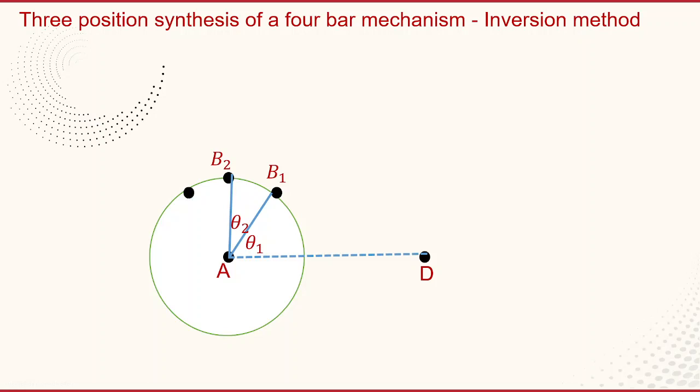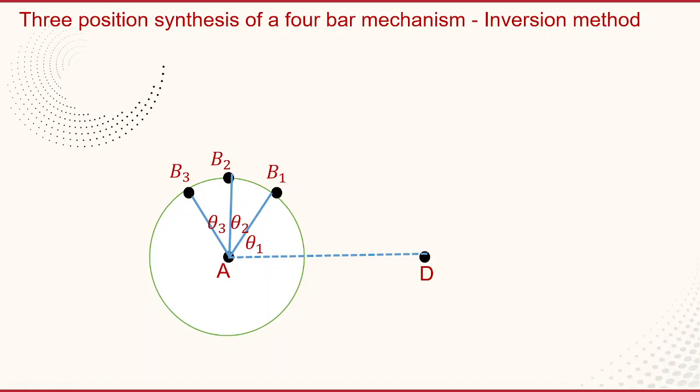In the third position B3, the angle is theta 3 from the second position. So it represents theta 1, theta 2, theta 3 and the three positions B1, B2, B3. Now the three positions are known, and from this we want to construct the mechanism.